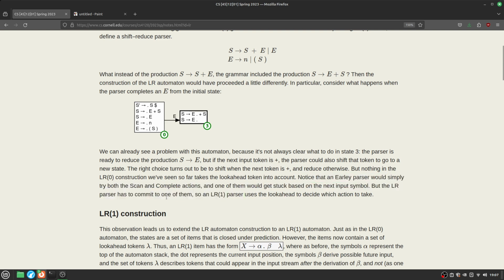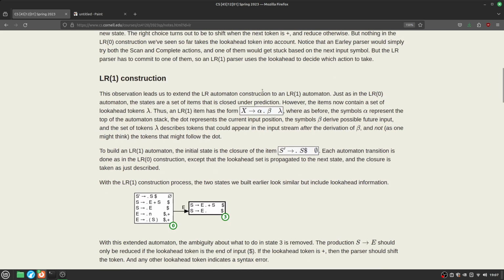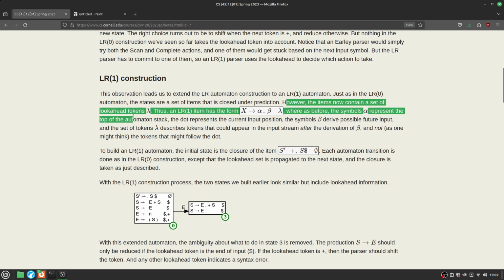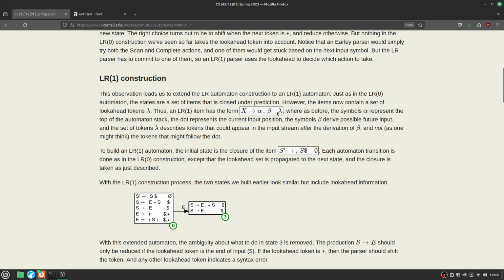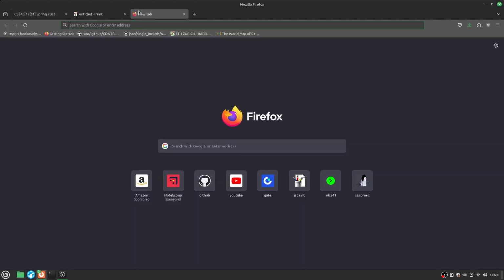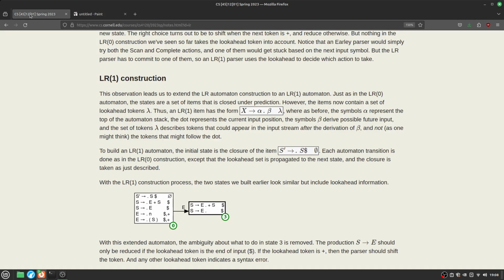Just as in the LR0 automaton, the states are a set of items that is closed under prediction. However, the items now contain a set of look-ahead tokens. Lambda? Is that a lambda symbol? Yep. Thus, an LR1 item has the form x tends to alpha dot beta, and then we have lambda off here to the side.